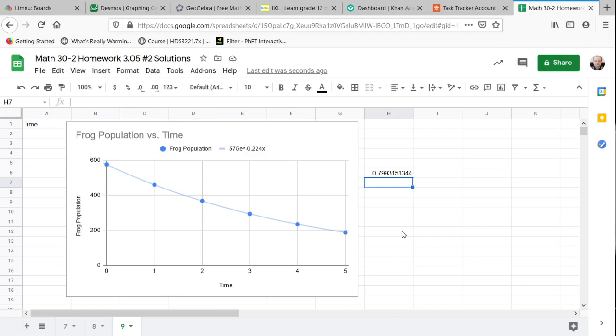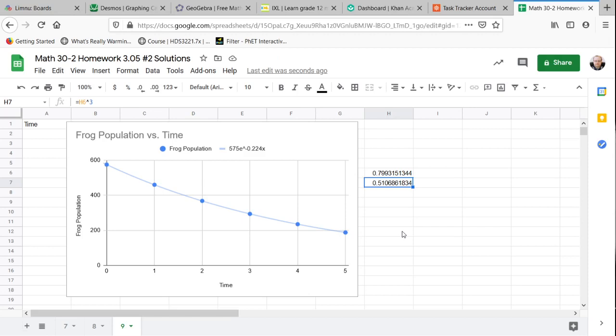It is roughly a 20% loss of the population each year. And the half-life of the frog population is said to be about 3 years, which means if we take this factor and raise it to the exponent 3, we do get 51%, or about half of the original data.